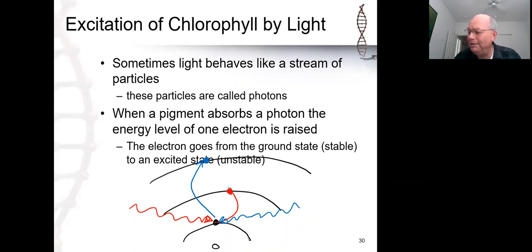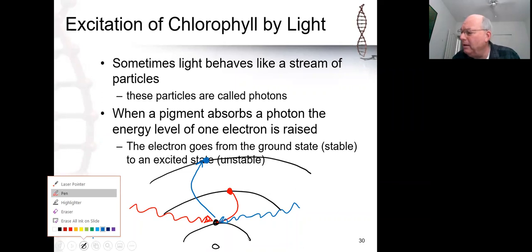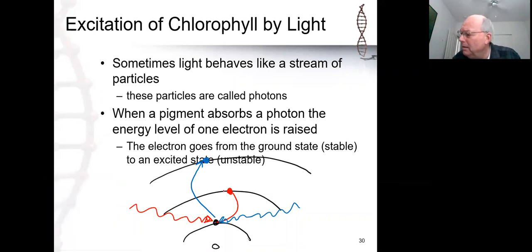So for the red light electron, it's going to come straight back down to here. And of course, it gained energy to get there. So it's going to have to give off energy. And we'll talk about what happens when it gives off that energy in a moment.